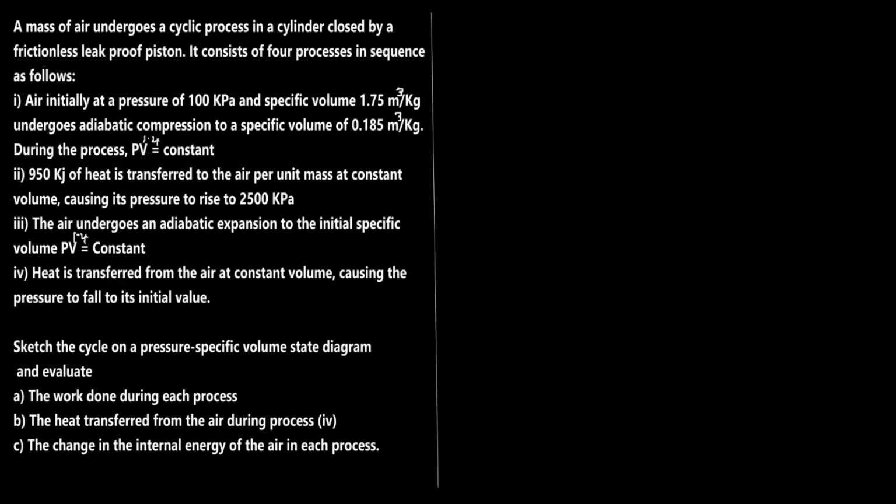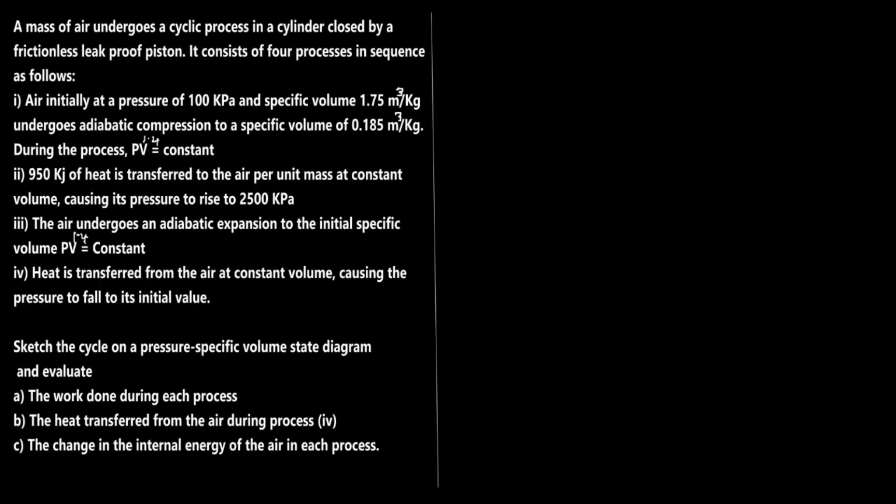Air initially at a pressure of 100 kilopascals and specific volume 1.75 meters cubed per kg undergoes adiabatic compression to a specific volume of 0.185 meters cubed per kg, and during this process, PV to the power of 1.4 is constant. 2. 950 kilojoules of heat is transferred to the air per unit mass at constant volume, causing its pressure to rise to 2,500 kilopascals.